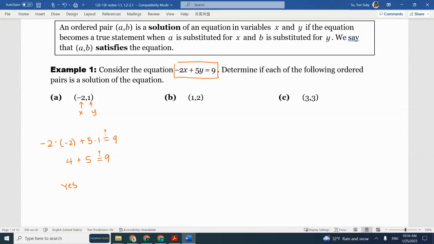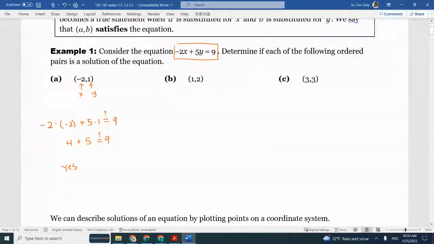Yes! Right. So this point is a solution of the equation. And a linear equation represents a line. So this means this point is actually on the line. So this is part A.